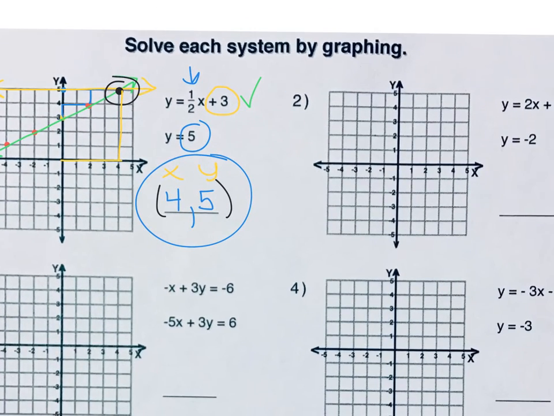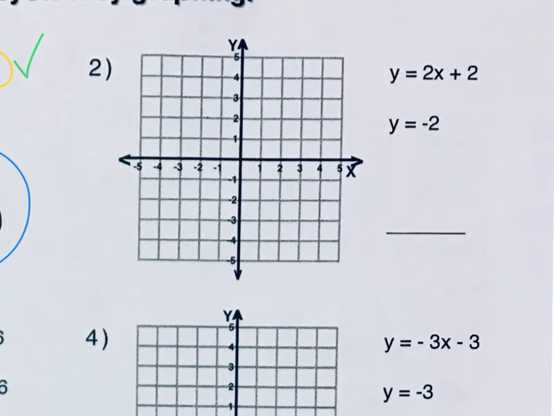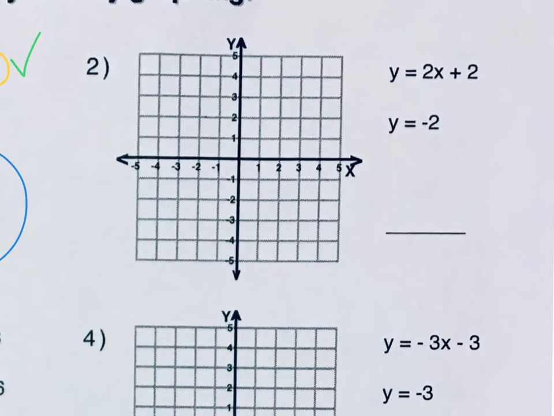Moving on to number 2. Same process. When we graph an equation, begin at the b. That's a 2 on the y-intercept. For this one, our slope is 2, but we need rise over run. So we do 2 over 1, up 2 over 1, and then put another point.